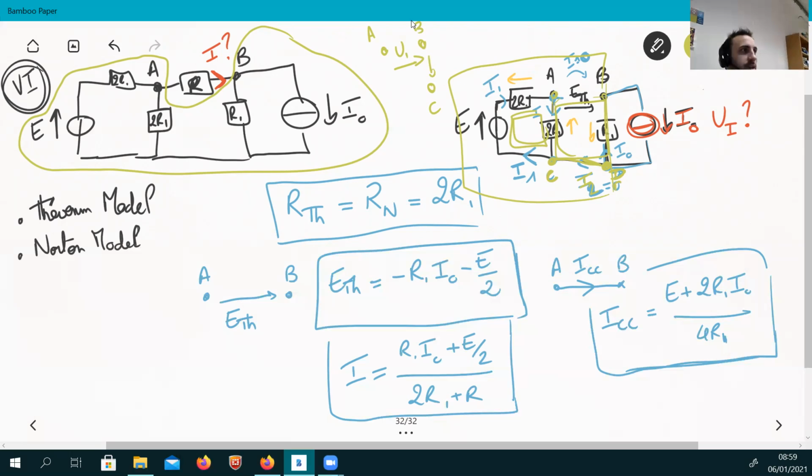The mesh law is like a sum of vectors. So you can consider a difference of potential between 2 points that are not linked by a wire. But if they are not linked by a wire, it means that there is no current flowing between A and B. But it doesn't mean that there is no voltage. There is a voltage as long as there is a difference of potential between 2 points.